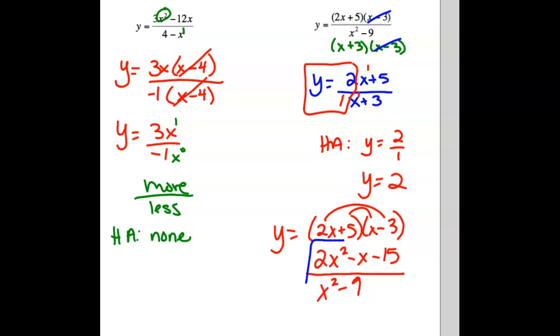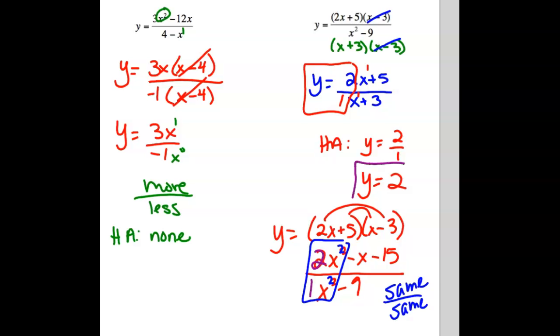And you can see we end up really with the same thing. Our top degree is 2. Our bottom degree is the same. In that case, when it's the same for both the numerator and denominator, we go to the leading coefficients, which in this case, 2 over 1, and we're back to getting that same horizontal asymptote.